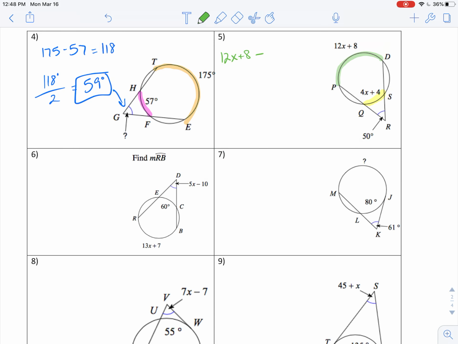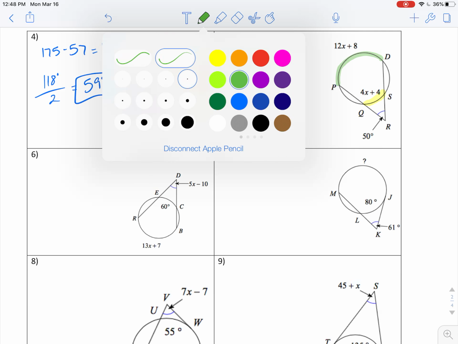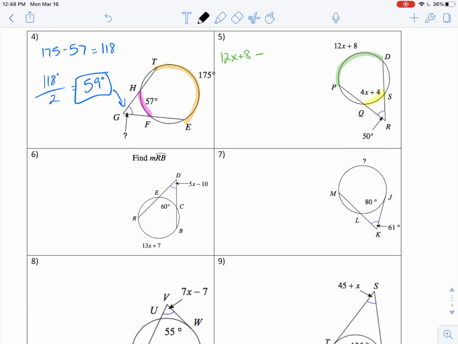And this is where we're going to be careful. I'm subtracting 4x plus 4, which is like saying 12x plus 8 minus 4x minus 4. So if we distribute that negative to both parts, it's like minus 4x and minus 4.